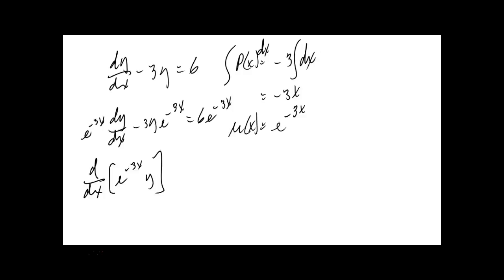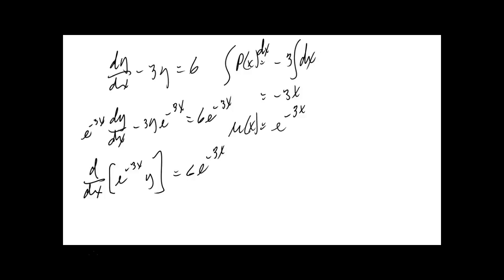The derivative is e to the minus 3x times the minus 3y, there's that term, and the other part is e to the minus 3x times dy. So this is exactly the left-hand side. The right-hand side, though, now is 6e to the minus 3x, right?